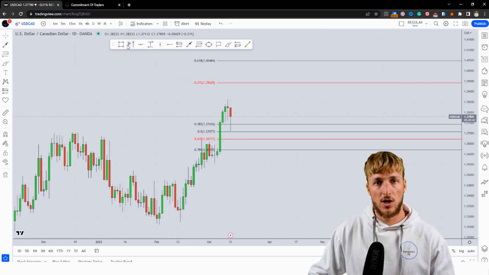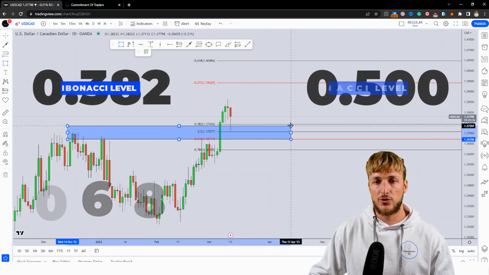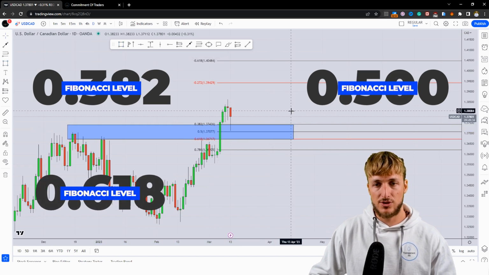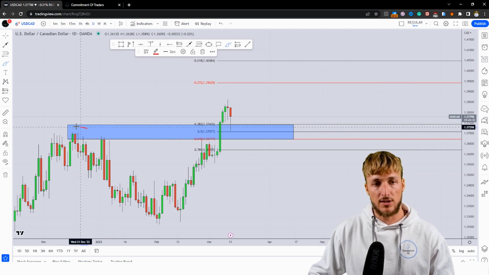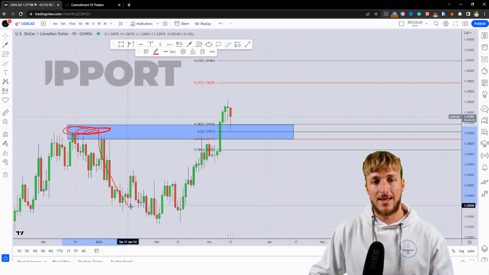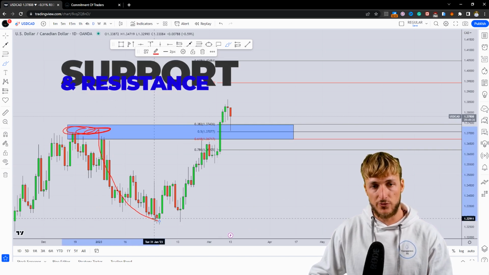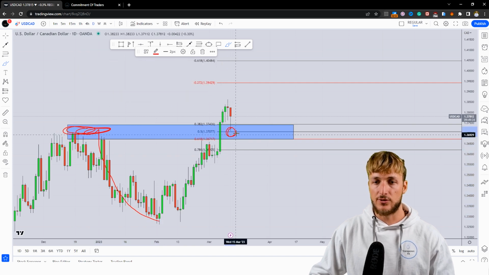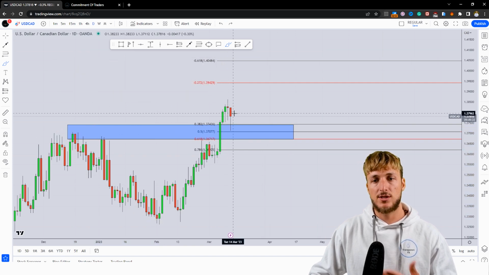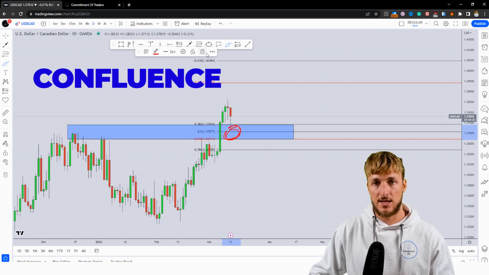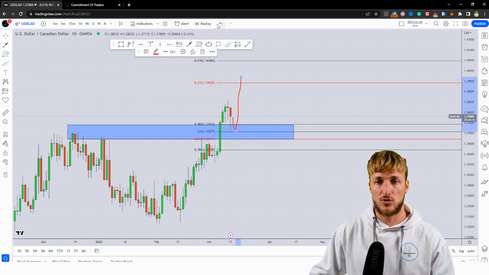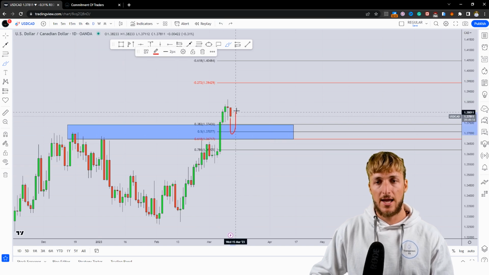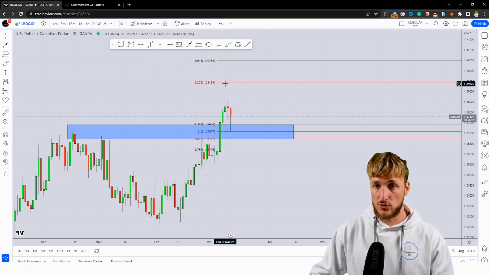And if we do that, we can see how we have a market which has currently the 0.32, 50% and 0.618 Fibonacci retracements, all lining up perfectly with the previous daily resistance from which all this move to the downside was created, which is now turned support here. Now, this creates confluence of support in this area that if the market will go and test it, we could expect the market to potentially reject it to the upside, as we can see that the market already started doing.